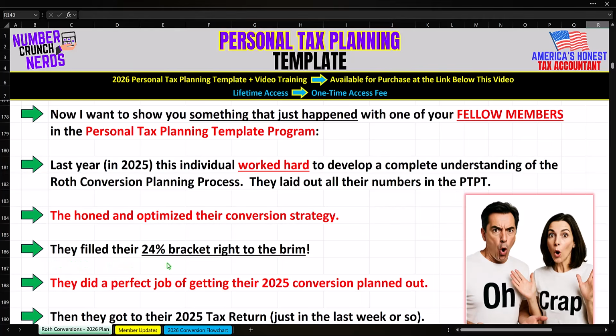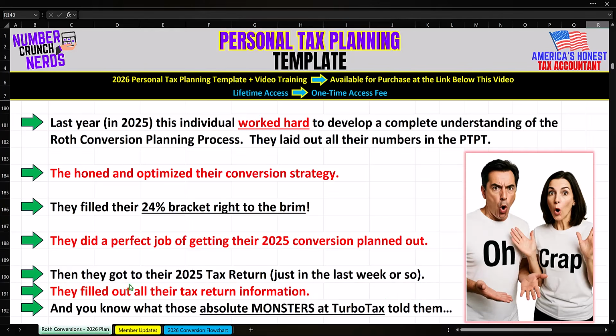They filled up their 24% bracket right to the brim. They did a perfect job of getting their 2025 conversion planned out, and then they got to their 2025 tax return just in the last week or so. They filled out all of their tax return information. And do you know what those absolute monsters over at TurboTax told them?